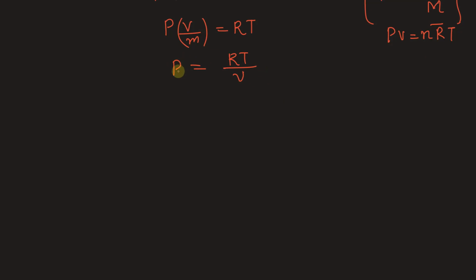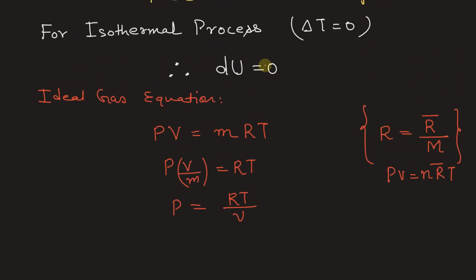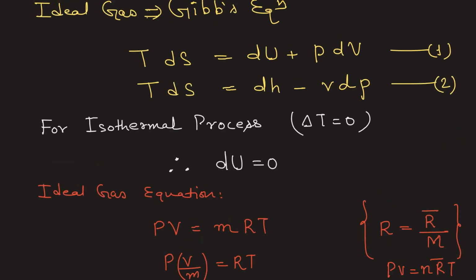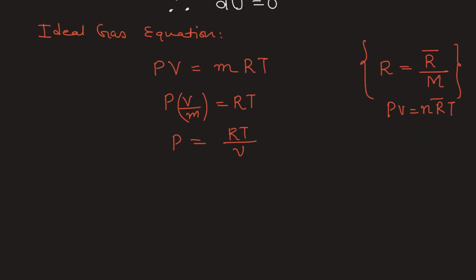Now using this relation and du is equal to 0, we can write the first Gibbs equation as T ds equals du, which is 0, plus P into change in specific volume.